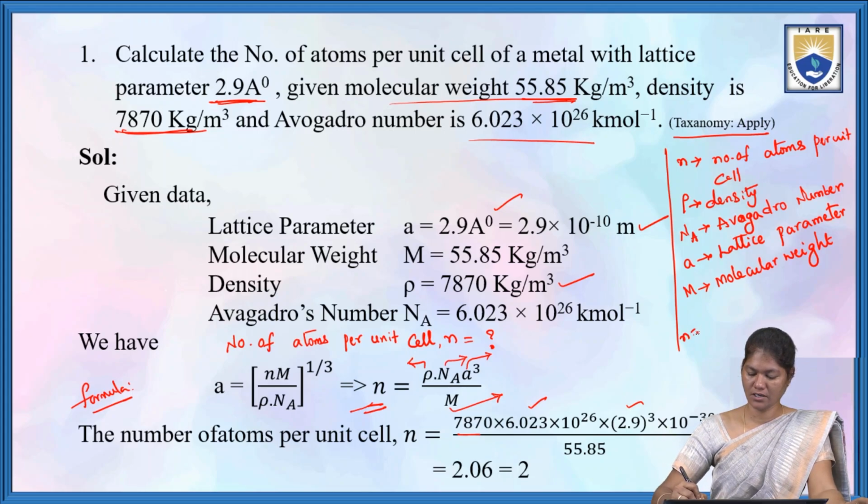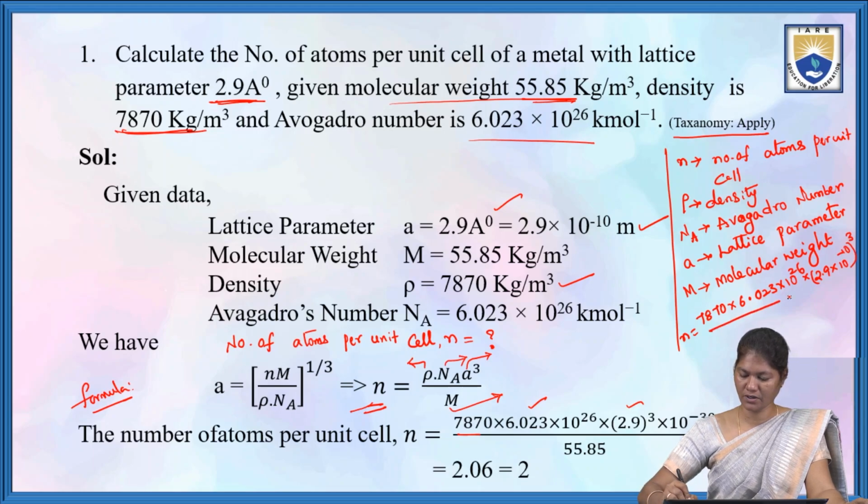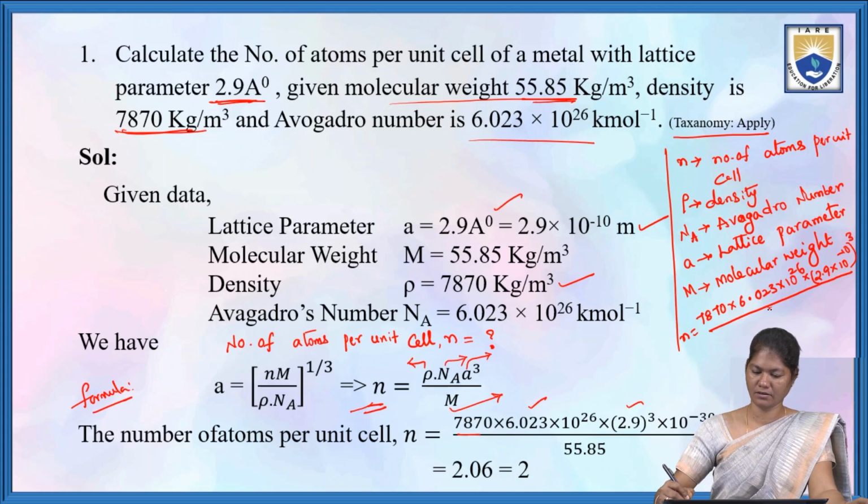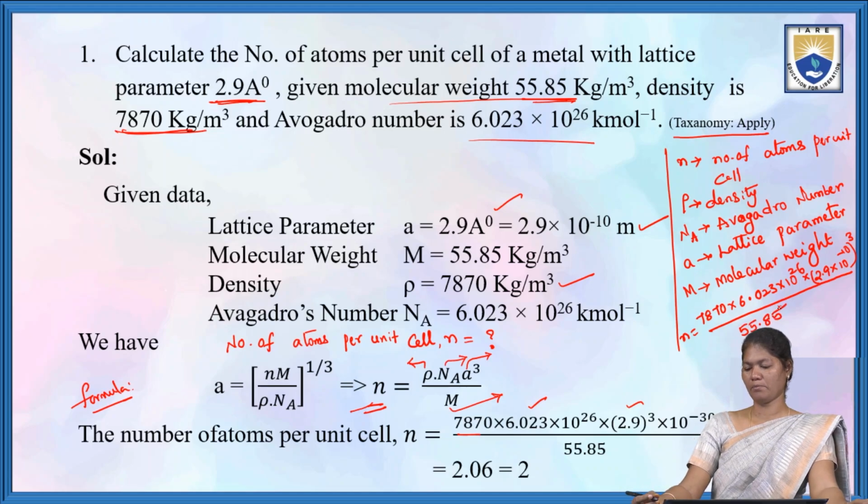That is, N is equal to 7870 into 6.023 into 10 power 26 into 2.9 into 10 power minus 10 whole cube divided by M. M is 55.85 kilogram per meter cube. So this value becomes 2.06. It is equal to 2. That is, the number of atoms per unit cell is 2.